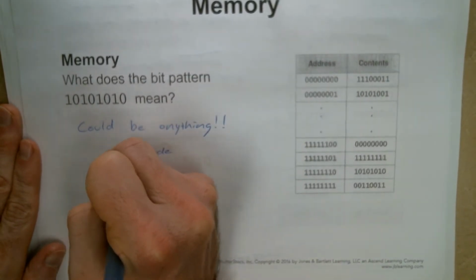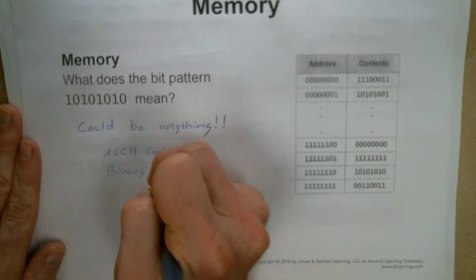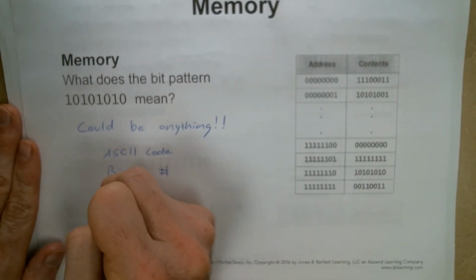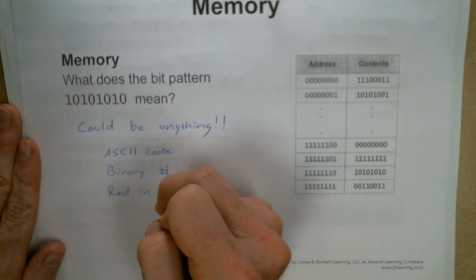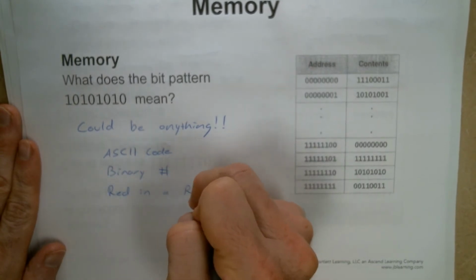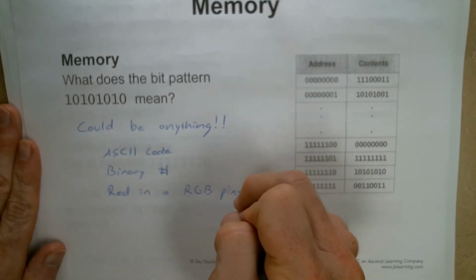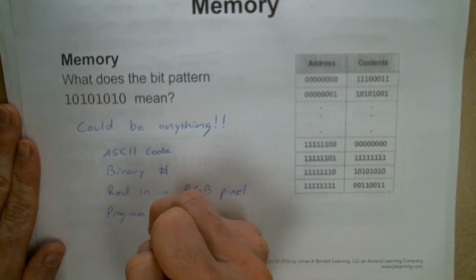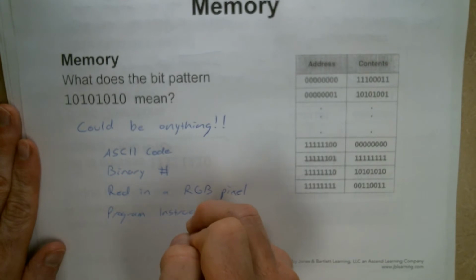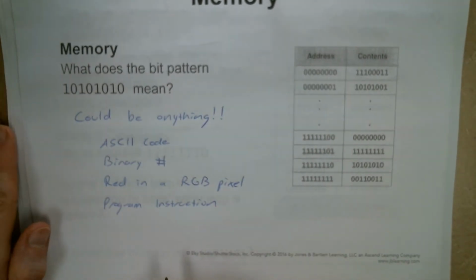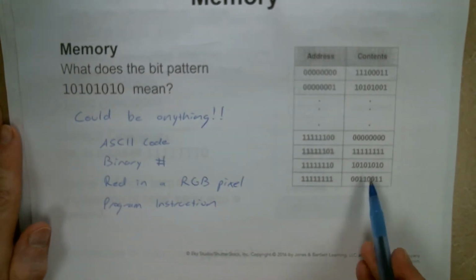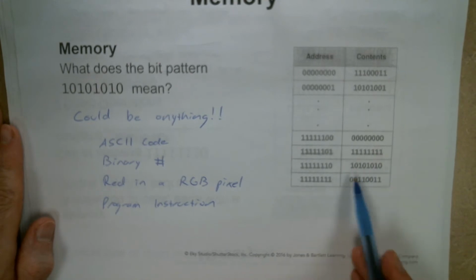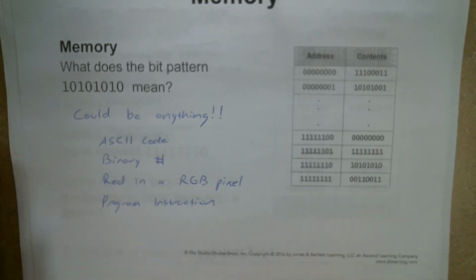It could be a binary number. It could be the red in an RGB pixel. It could be a program instruction telling the computer what it needs to do. We don't know what it actually is. We just know it's that sequence, and it's up to the program to interpret it and act on it correctly.